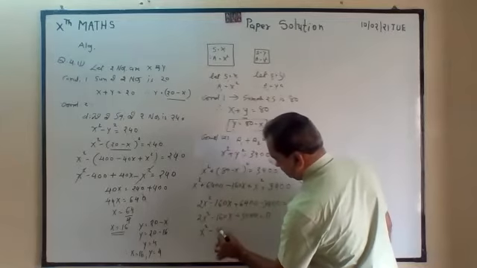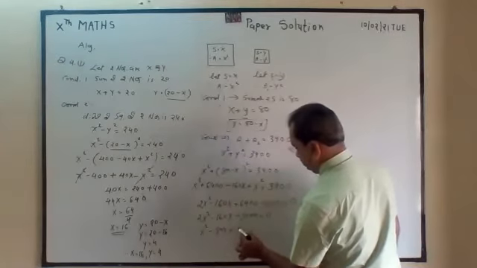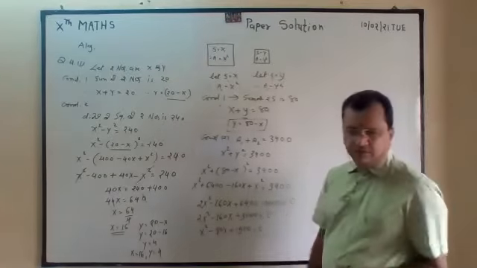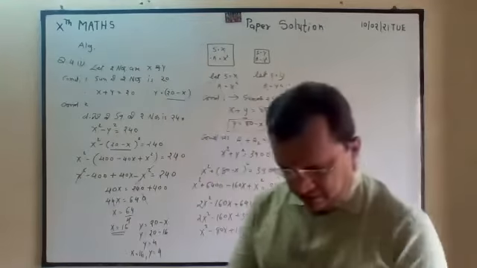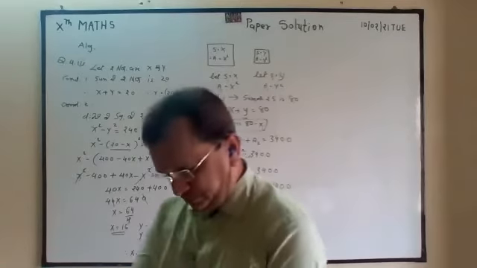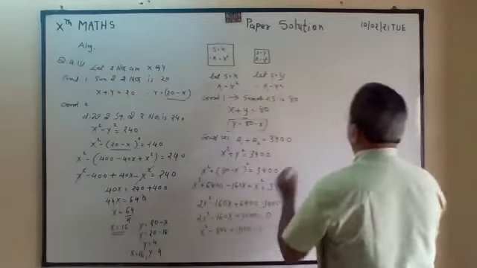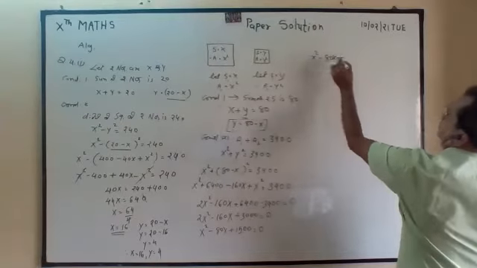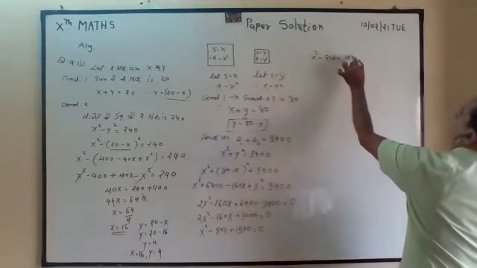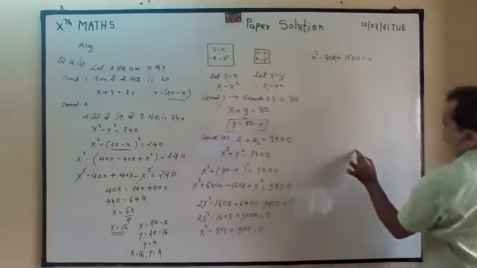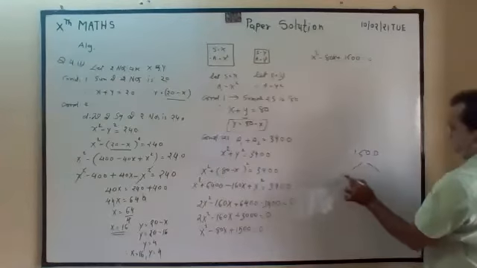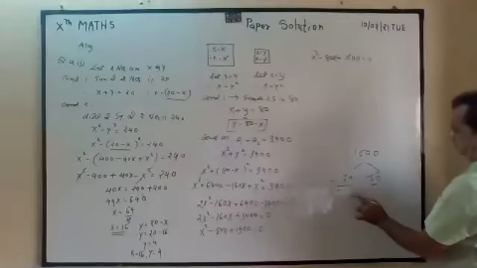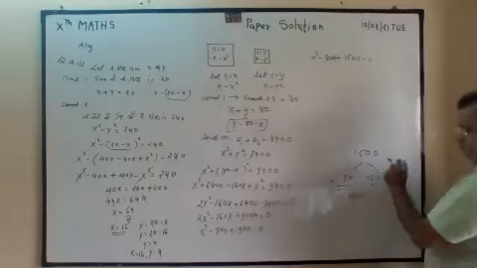So x square minus 80x plus 1500 is equal to 0. Now 30 into 50, both are minus, minus, so the product is 1500.